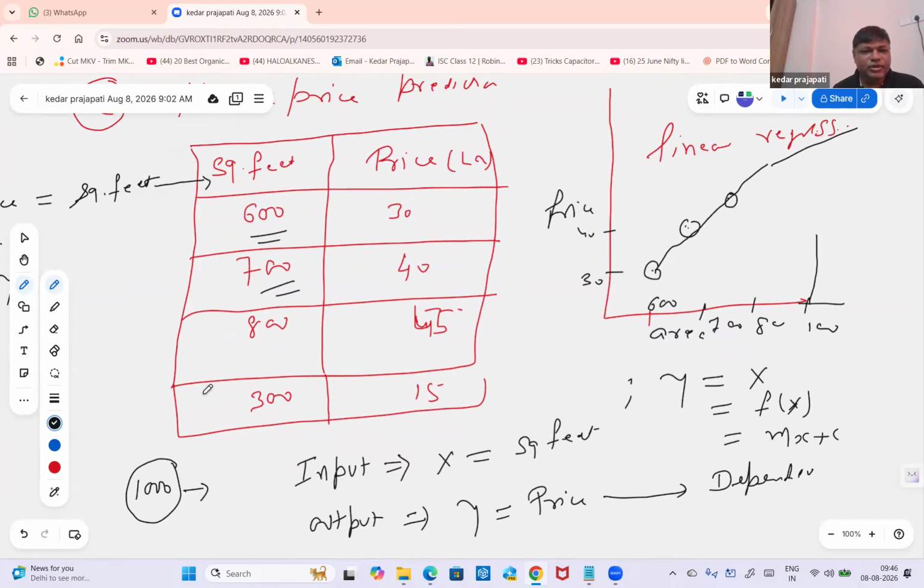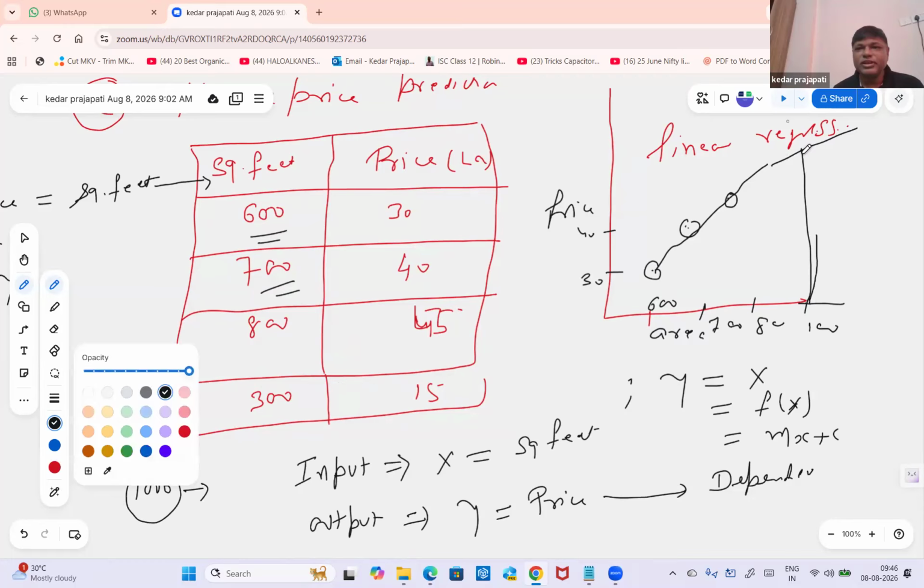It doesn't know how much the price will be. How it does is, from here it will draw a straight line, and wherever it cuts this best fit line, that will be your price.